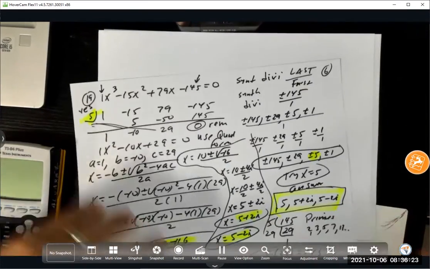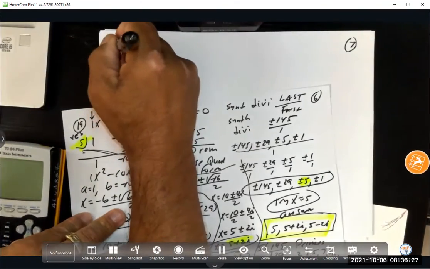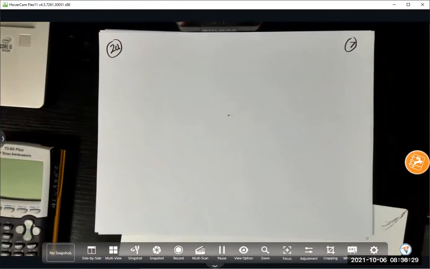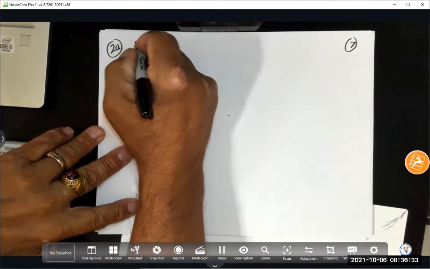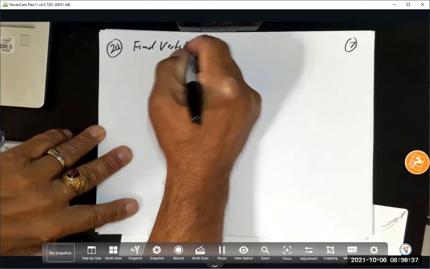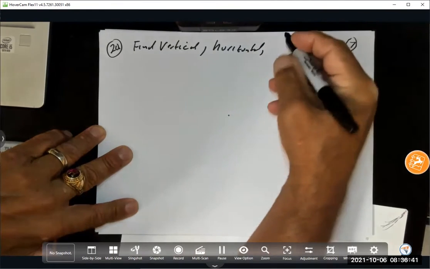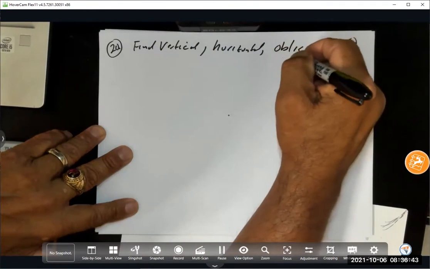All right, number 20 says a bunch of words. It says find the vertical, okay, horizontal, and the obliques.